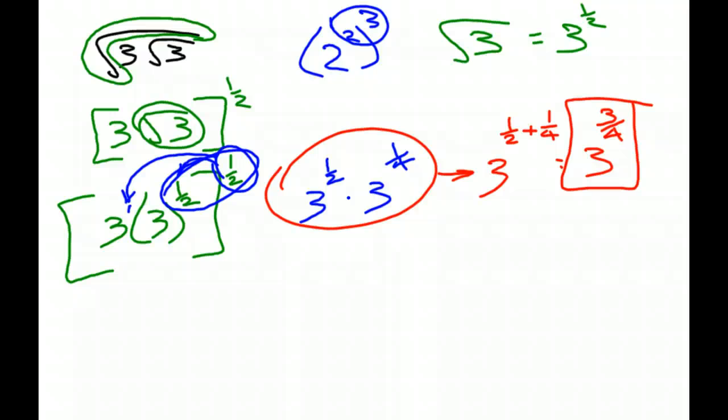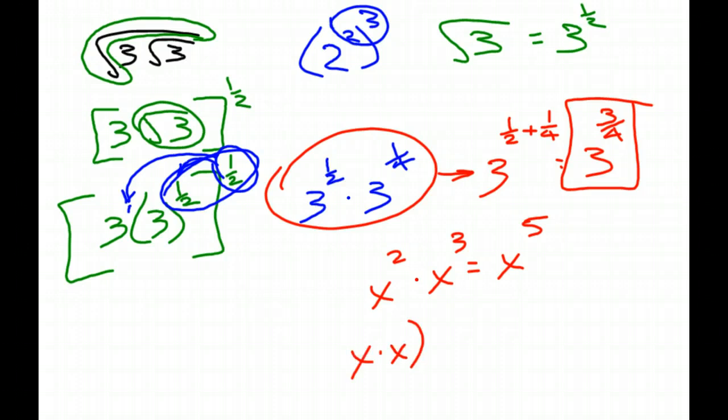No, it's not. It's like saying x squared times x cubed is x to the 5th. We're just adding the exponents. If we have 2 x's here and 3 x's there, we end up with 5 x's.